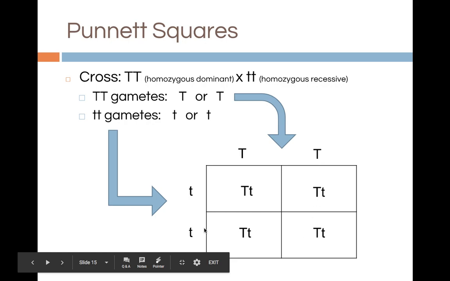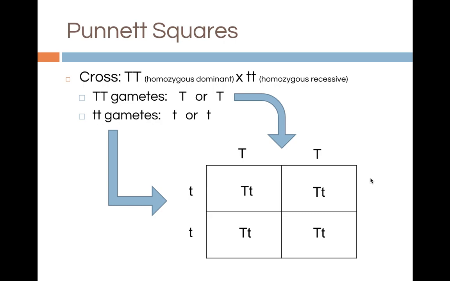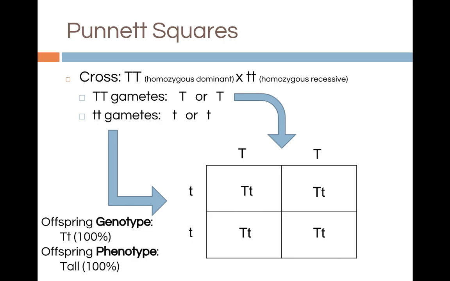So all of the offspring, their genotype would be big T, little t, 100% big T, little t for genotype. And then their phenotype, the physical manifestation of the trait, would be 100% tall. So all of these offspring would be tall, even though they had one tall parent and one short parent.